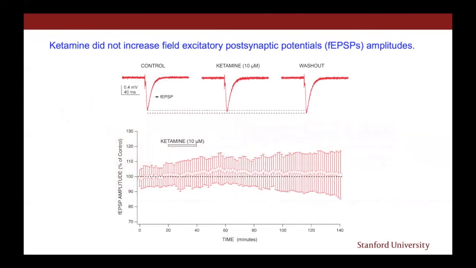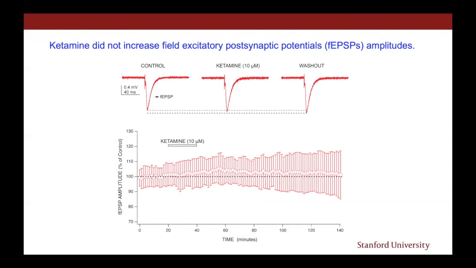We also tested ketamine on field excitatory postsynaptic potentials to determine whether or not ketamine's effect is at the synapses or via a postsynaptic mechanism. As you can see from this slide, field excitatory postsynaptic potentials were not as affected by ketamine as population spike amplitudes.